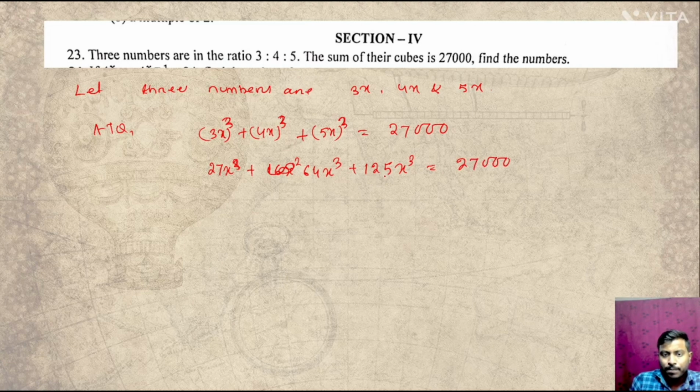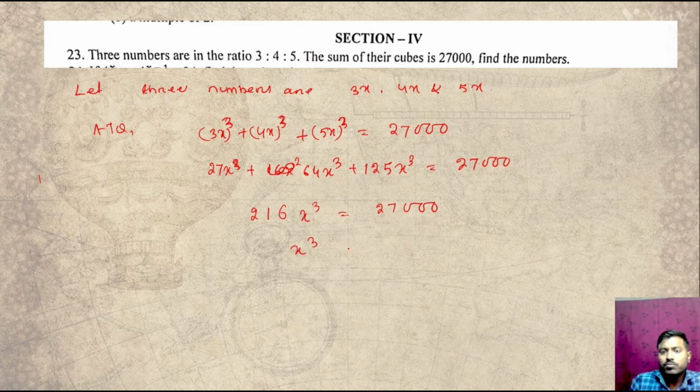Now add: 27 plus 64 plus 125, that is 216x cube is equal to 27000.